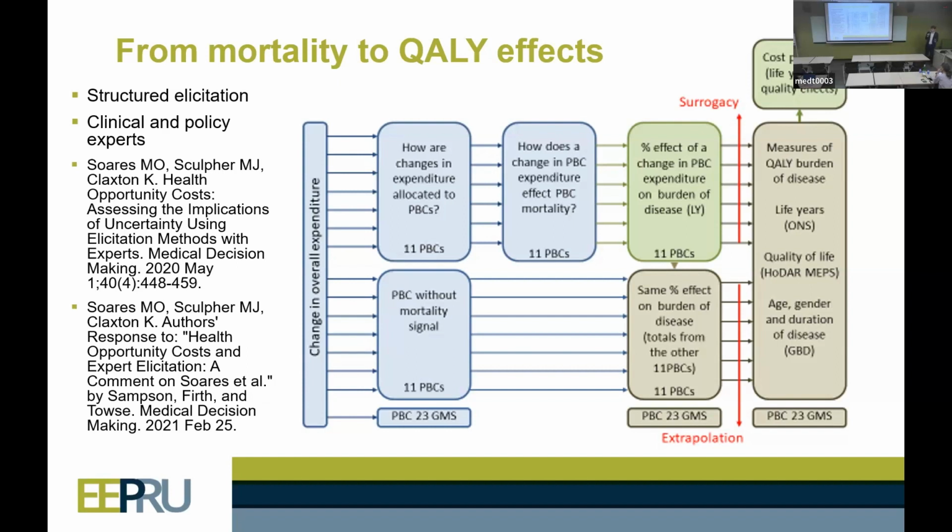There's quite a bit of work that's been done on how that's extrapolated, and it's been tested to some extent through elicitation exercises as well. It's clearly a very important part of the work, and I will be talking quite a lot about results in terms of cost per QALY. Just bear in mind that some process has been undertaken to get there.